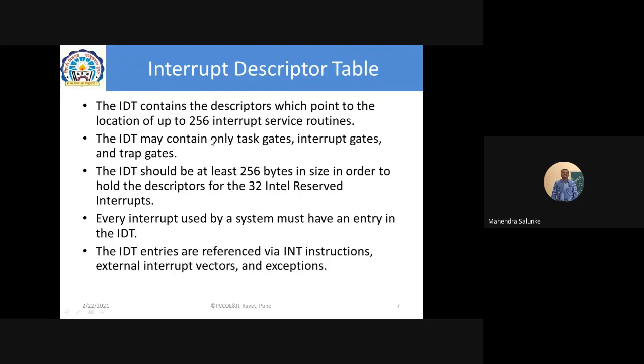Can anyone calculate? How many descriptors in the IDT are possible? Up to 256. So how much size is required? It's a very simple question, and I'm expecting answers. Don't simply attend the sessions. How much is the maximum size?